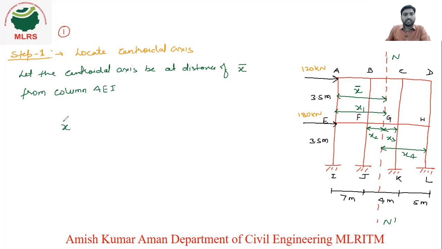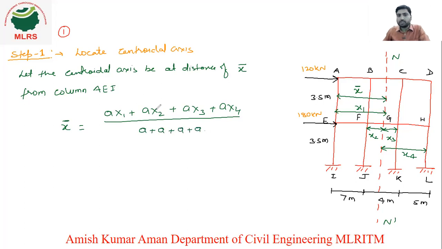So we need to find this x dash. How will you find this x dash? That will be (A x1 + A x2 + A x3 + A x4) upon (A + A + A + A).